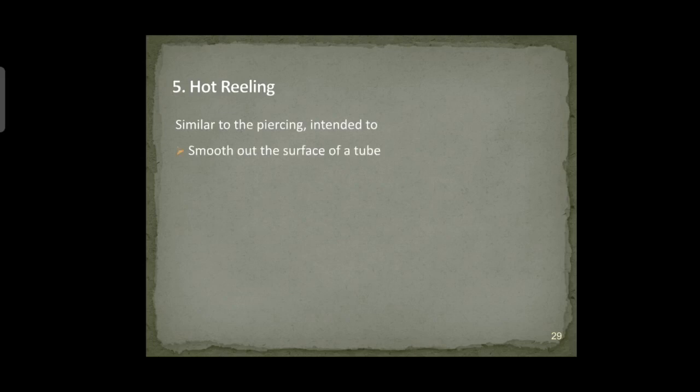Next one is the hot reeling process. It is also very similar to piercing, where it has a special application: if you want to smooth out the surface of a tube, generally we can go for this hot reeling process.